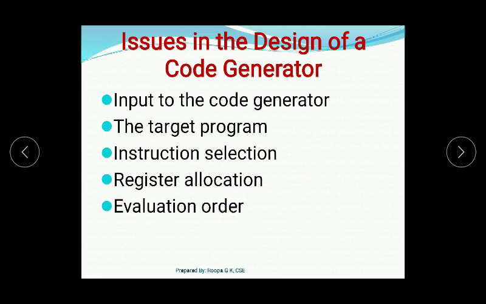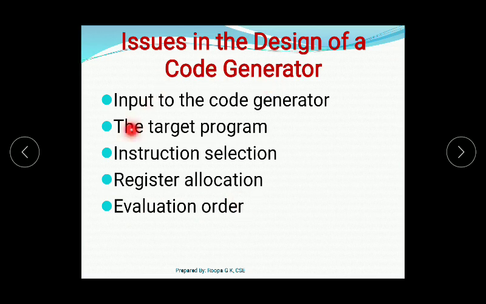And finally, evaluation order. When a source language statement is written, how exactly to evaluate it, in which order, top down or bottom up, something like that. Or if you consider a mathematical expression, whether associativity is from left to right, or how exactly the precedence has to be considered, etc., comes under evaluation order.